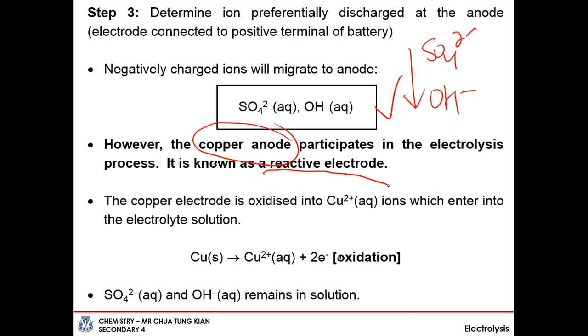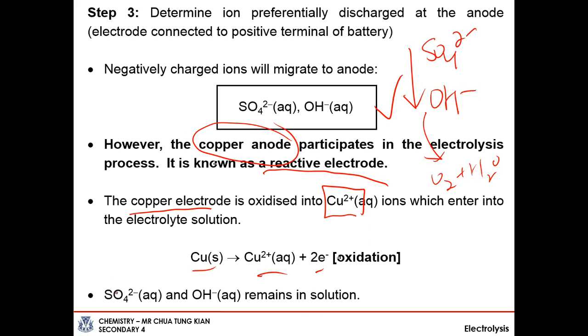So instead of OH- being oxidized into O2 and H2O, the copper electrode itself is oxidized to Cu2+ ions. SO4 2- and OH- stay in solution.